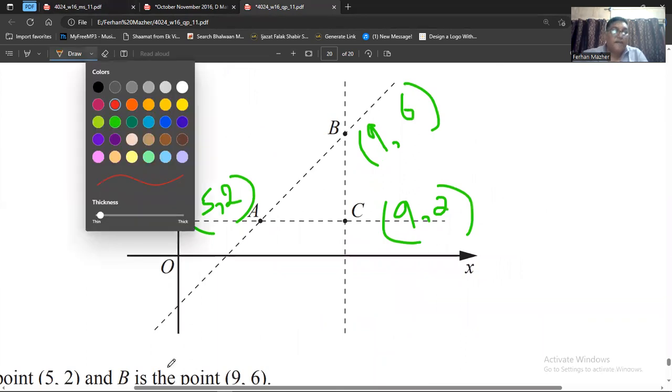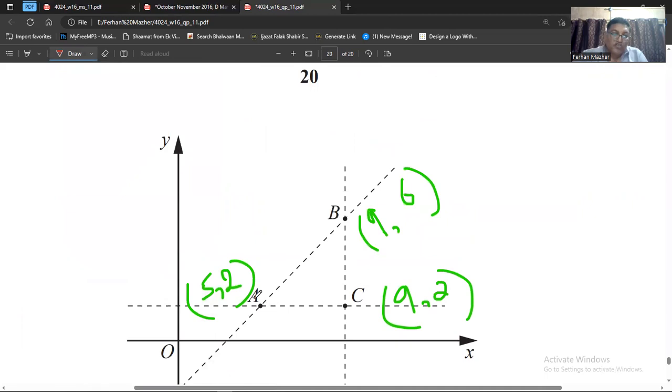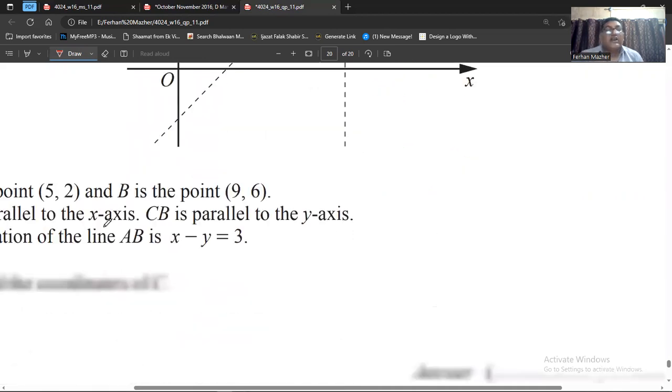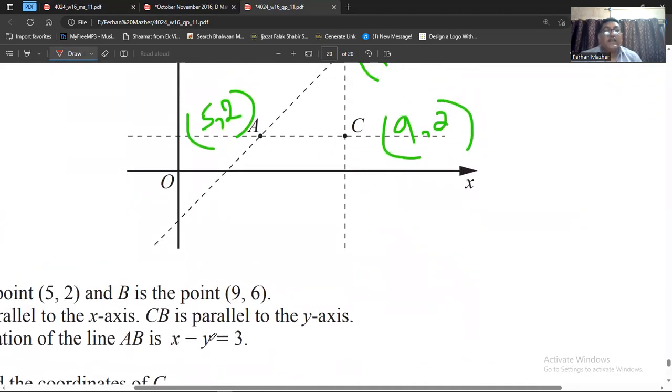Okay. x minus y equals 3. So I know AB, and we're talking about this area. This area is below this AB line. So the equation of AB is x minus y equals 3 because here we have a negative y.